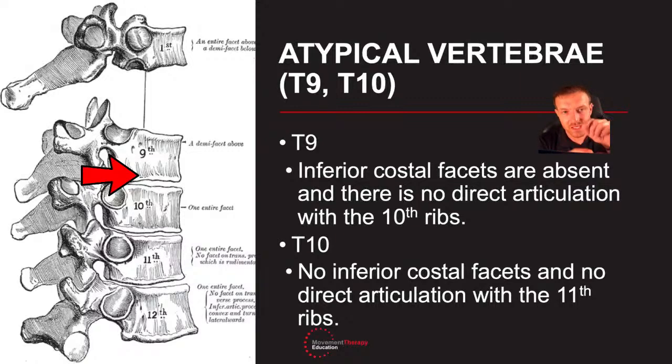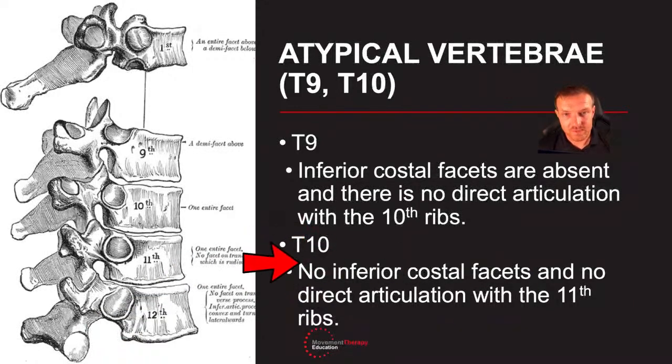Okay, so in these ribs, they don't attach across the joints. They just attach superiorly, just there. Okay, so there's no demifacet on the bottom of the vertebral body. There isn't on vertebra 10, there isn't on vertebra 11, and there isn't on vertebra 12 either. Okay, so no inferior costal facets.